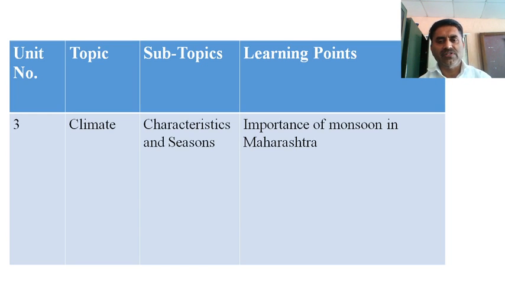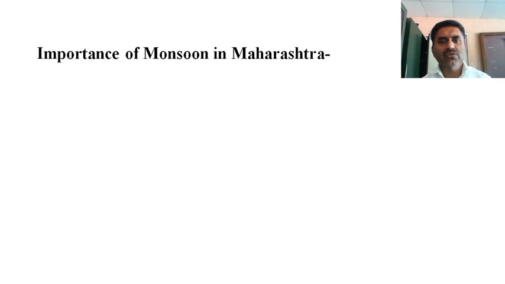As you know, there are three seasons in general: rainy, winter and summer. But among these three seasons, the rainy season is very important for the economy of Maharashtra and the overall climate of Maharashtra, because there is a need of rainfall and water for everyone, and that's why this season is important as far as human lives are concerned.